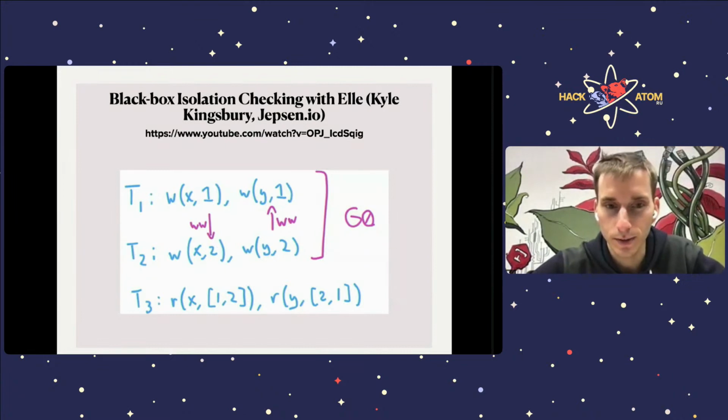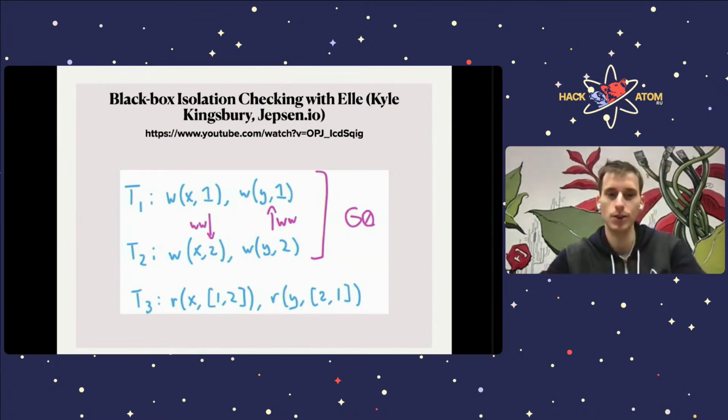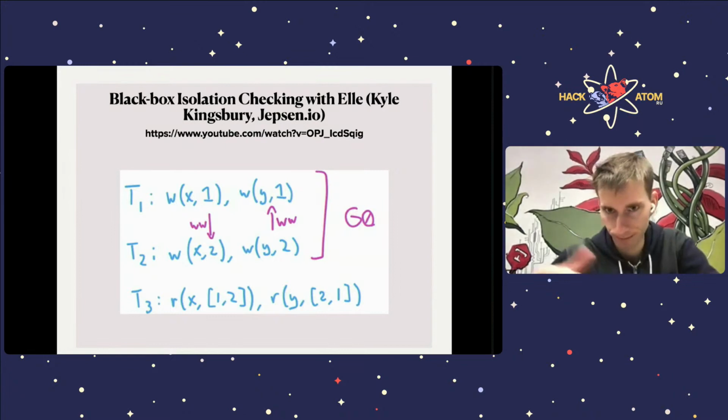In a simpler way, we have transactions T1, T2. Imagine that the first transaction writes a 1 to the key X and 1 to Y. Transaction 2 does the same but writes 2 and 2 respectively for X and Y. And there is transaction 3 that reads as well.